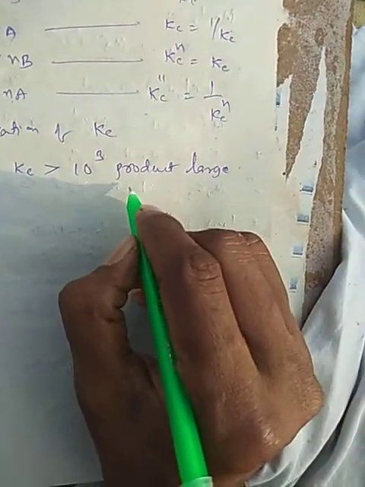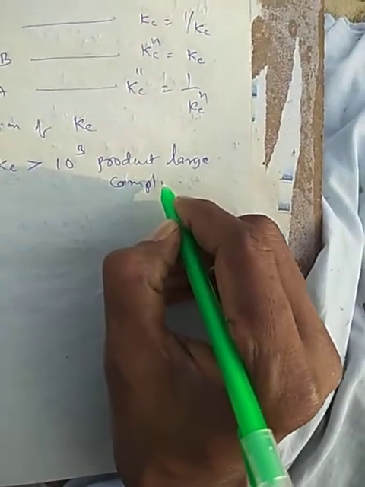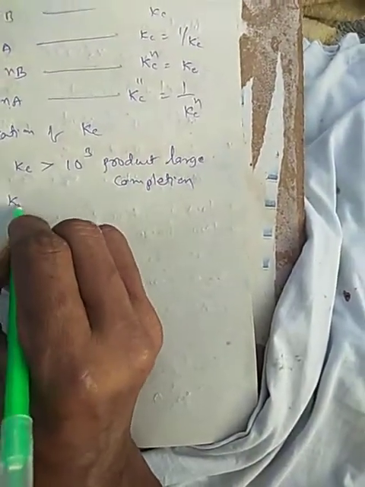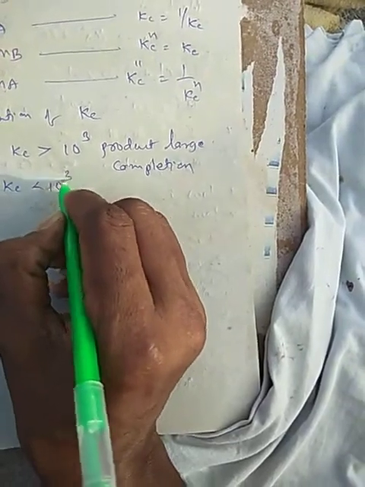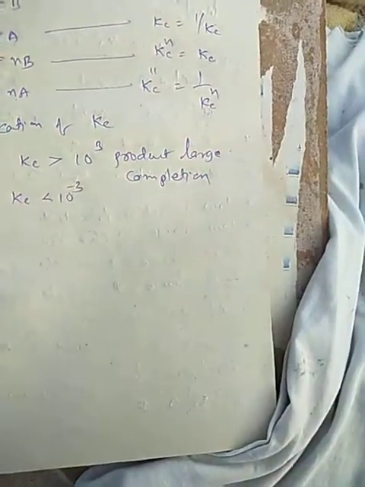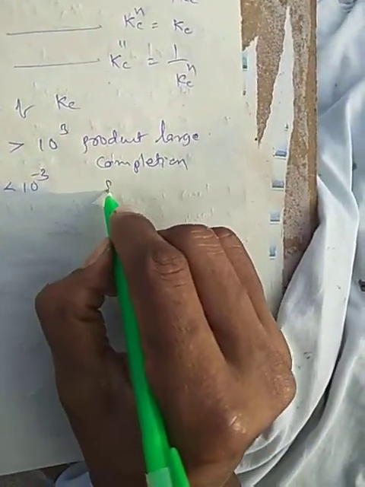The reaction goes to completion. Now if Kc is less than 10 power minus 3, it is a very small change.